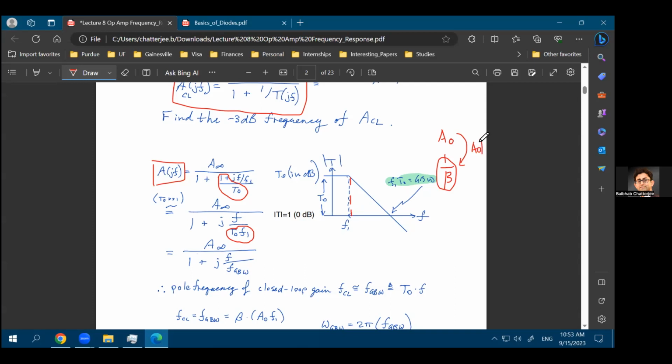You have to divide this open loop gain of A naught by a factor of A naught times beta, which is equal to T naught. So you have to divide A naught with T naught to get to the closed loop gain. As your closed loop gain is reducing by T naught, your closed loop bandwidth is increasing by T naught. The gain bandwidth product remains constant.